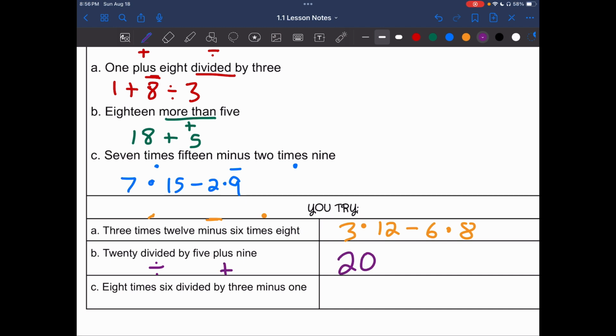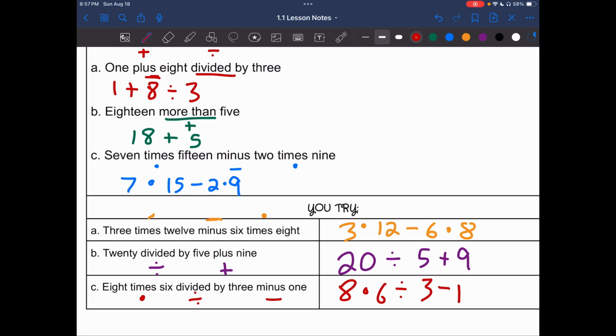So we start off 20, division symbol, divided by 5 plus 9. And our last problem on this page, we have 8 times, so we're multiplying. We have division here, and we have subtraction. So 8 times 6 divided by 3 minus 1.